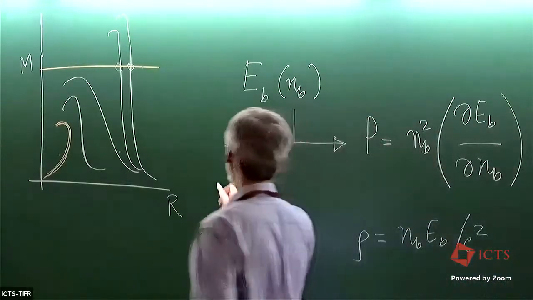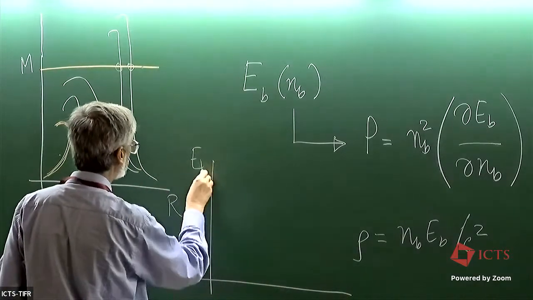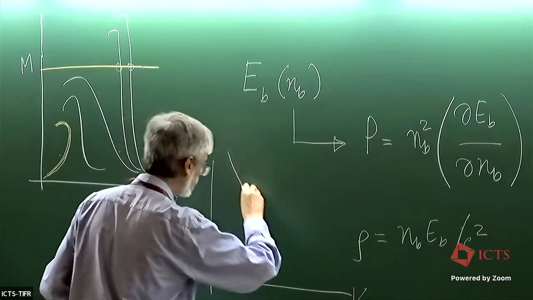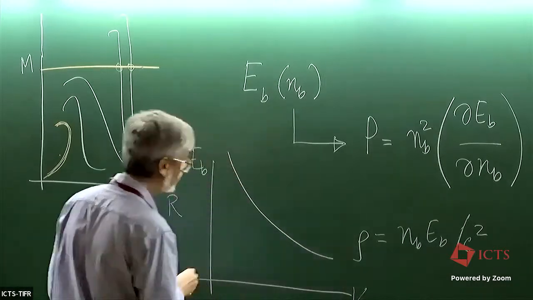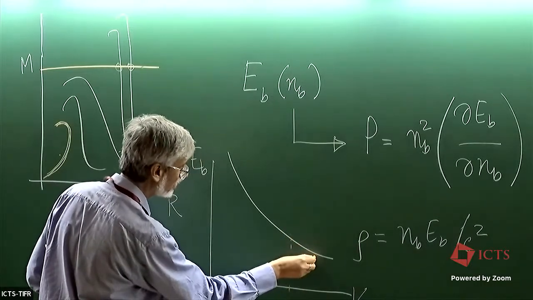And you can also compute chemical potential if you plot E_B versus 1 over n_B. And let's say it's a curve like that. Then you take whichever n_B you want, and you draw a tangent.